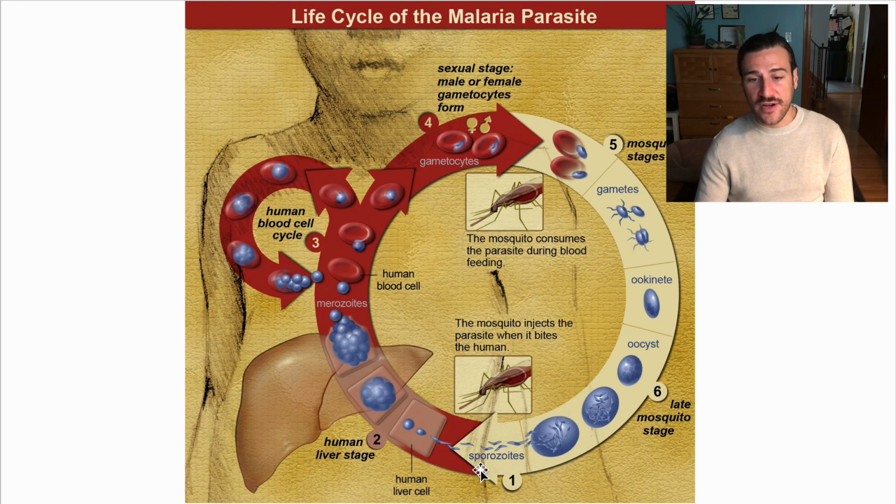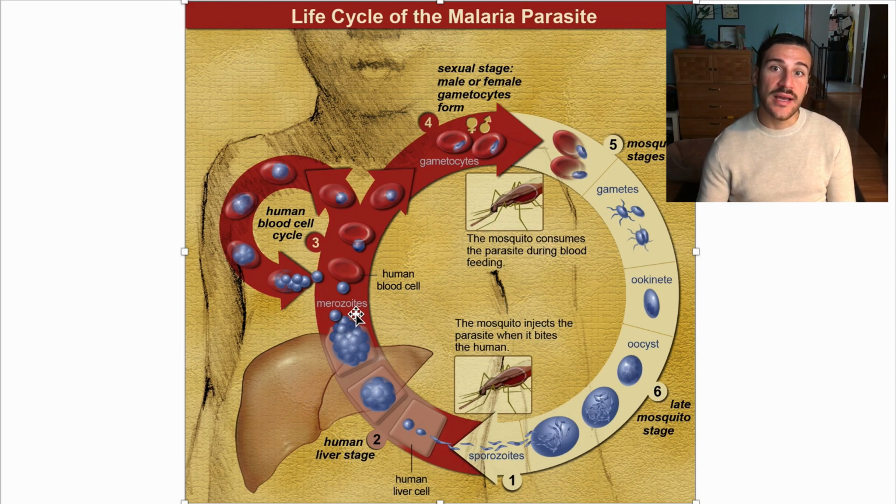So through the saliva, those almost boomerang shaped sporozoites actually penetrate the human liver cells, where they proliferate and turn into merozoites. The merozoites are expelled through liver cells, and then why it's so hard to control malaria once you're infected is because those merozoites actually penetrate red blood cells.